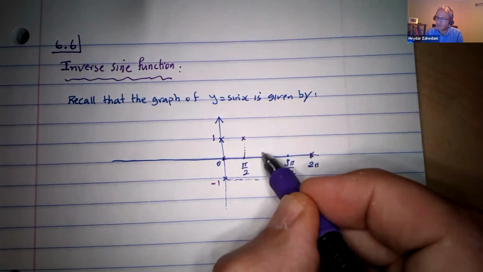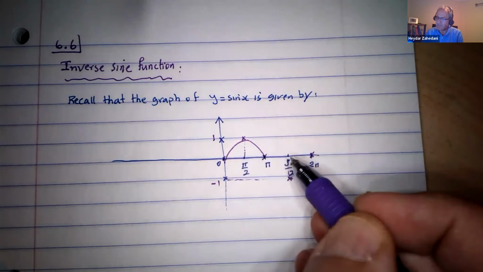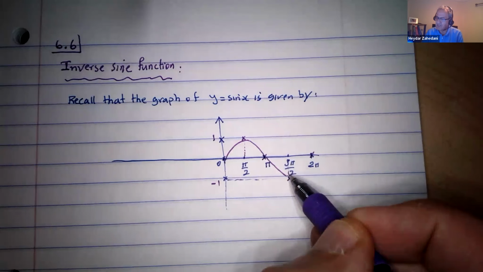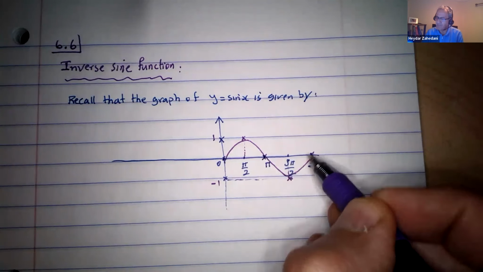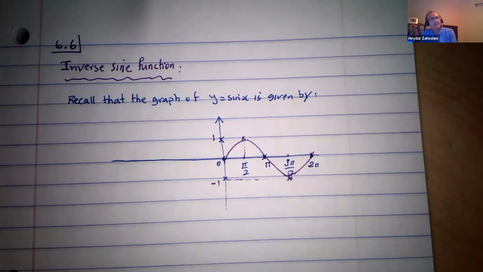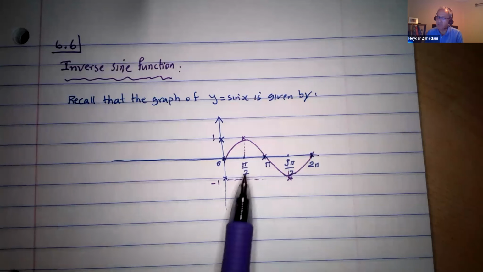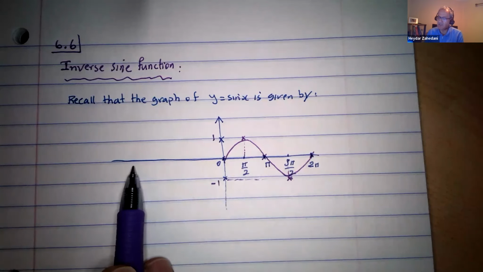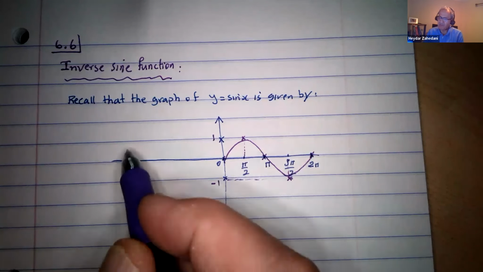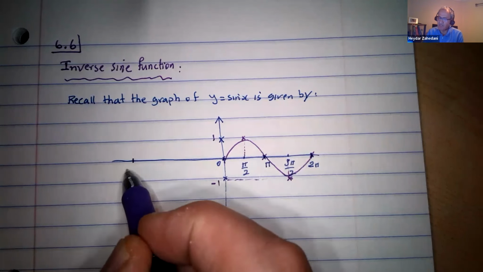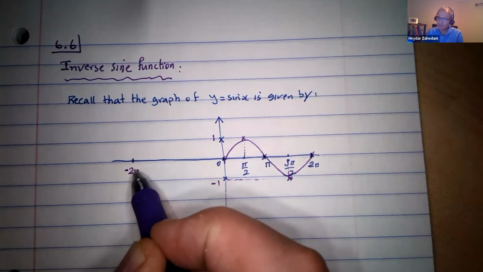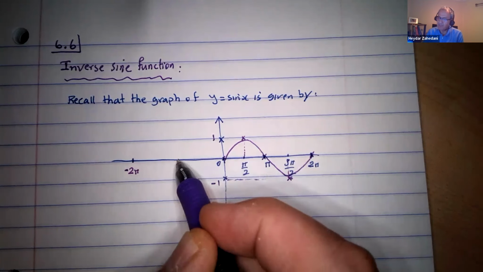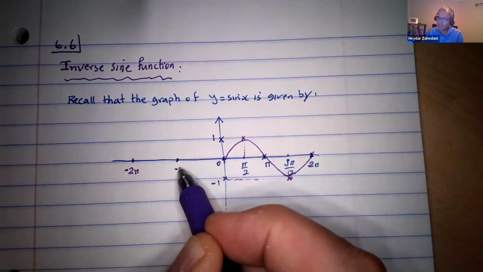So this is how you get the graph of the sine function between 0 and 2 pi. If you want to continue, just like looking into the mirror, you can get the similar on this part. So this is going to be -2 pi, and the middle point is going to be -pi.